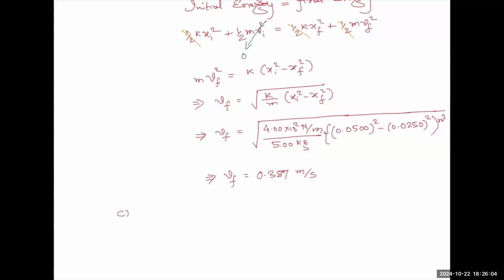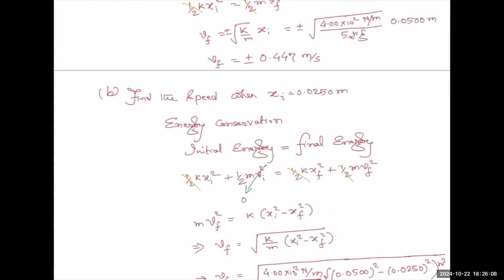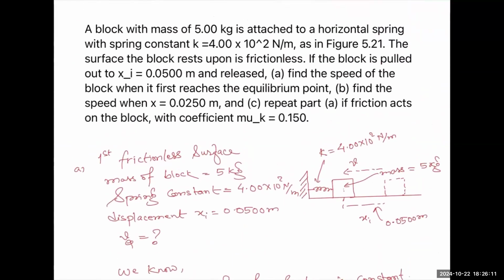So now in part C, the problem is this: repeat the same, but if a friction acts on the block with a coefficient mu k equals 0.150. If I have a friction coefficient, what does that mean?